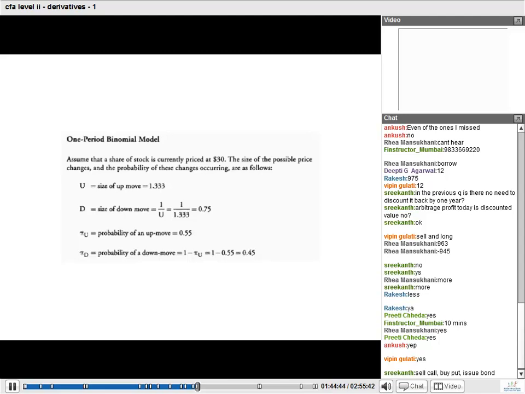Now, the current share price is 30. In the coming period, there are two possibilities. The stock can either go up or the stock can go down. Stock can go up to a value of 30 into U, or the stock can go down to a value of 30 into D. The probability of an up move is 55% and the probability of a down move is 45%.